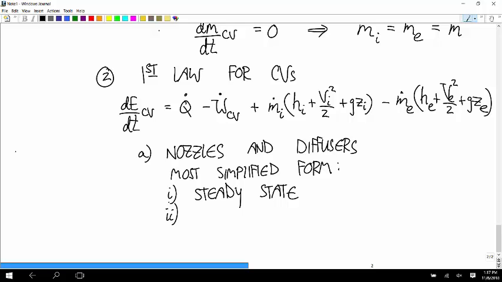What else in a nozzle or a diffuser? What can we assume? It's insulated. It's actually not the insulation as much as how fast things are going through, but yes, there's not going to be any heat transfer. So Q dot is 0.